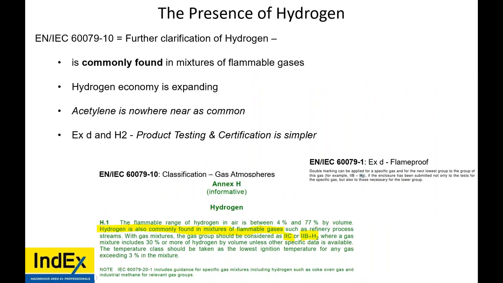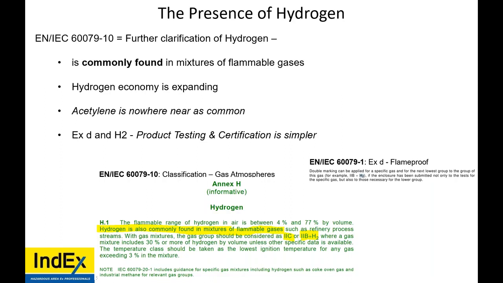Now, further clarification of hydrogen. Well, in the latest standard, it says hydrogen is commonly found in mixtures of flammable gases such as refinery process streams. So, hydrogen is commonly found. The hydrogen economy is taking off. Vehicles, ships being powered by hydrogen.